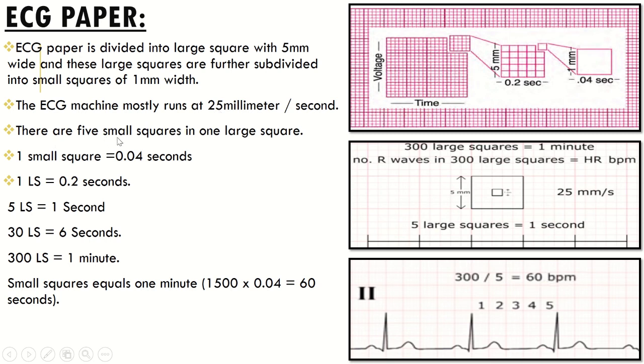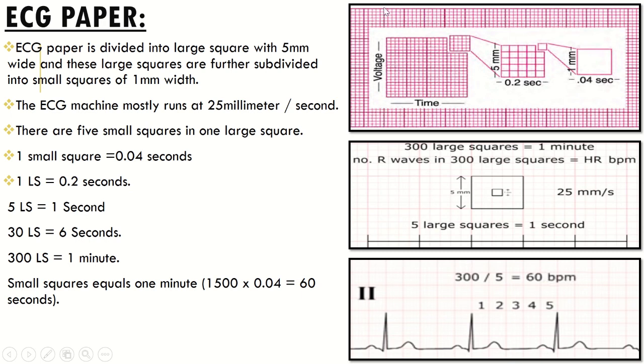There are 5 small squares in one large square, as we already saw: 1, 2, 3, 4, 5. One small square takes about 0.04 seconds, and one large square takes about 0.2 seconds. So 5 large squares is 1 second.